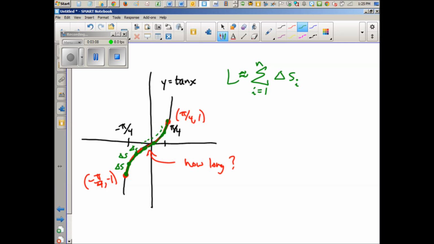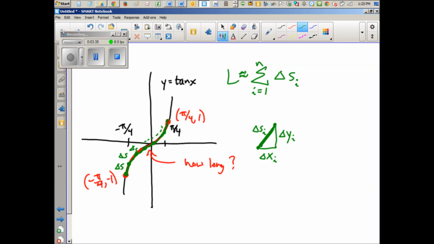Okay, so what I want to do is draw a tiny diagram or a blow-up diagram of one of these delta S's. Okay? So here is an expanded view of what I'm dealing with. This is my little delta S. It's a slanted segment, and it certainly is some amount of run and some amount of rise here.